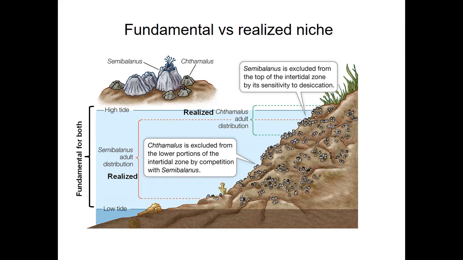That's supposed to be a Z. The realized niche is the range of resources that a species actually uses when it's sharing with other species.